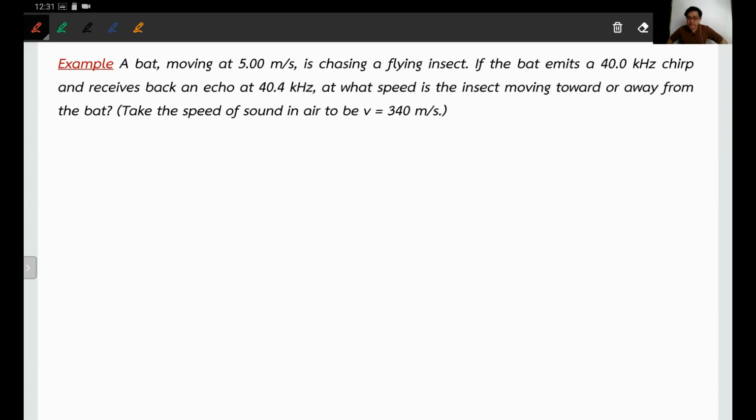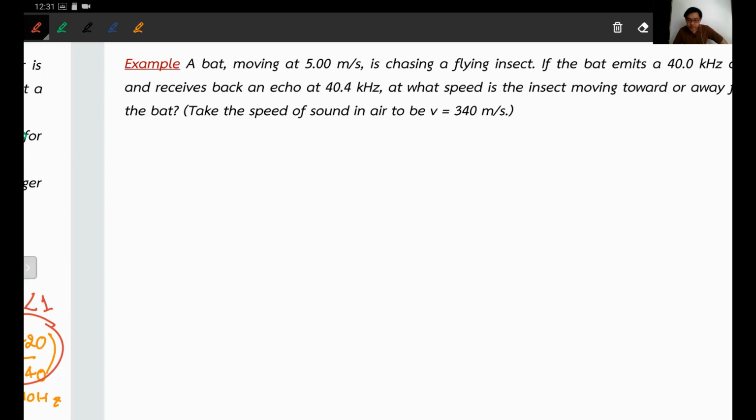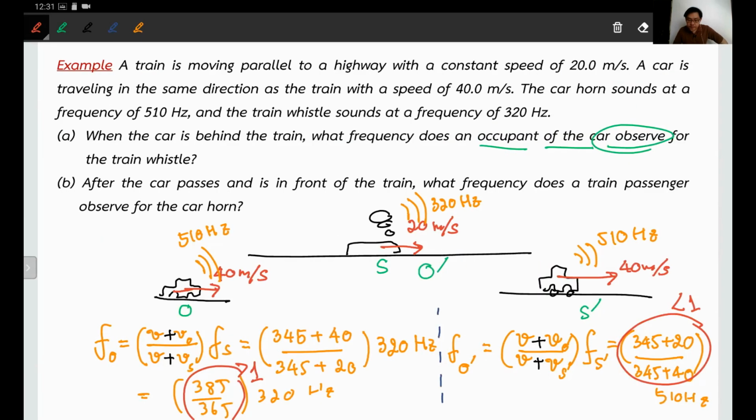So what if the formula is that O is at the left and then S is at the right? For the formula, yes. How about if S is at the left and then O is at the right? What happens? Oh, you have to switch the ratio as well if you want. You can flip that over as well if you want. Yeah, the formula doesn't change.